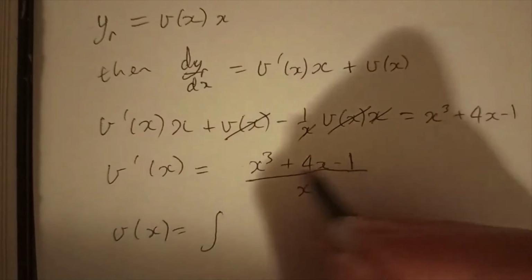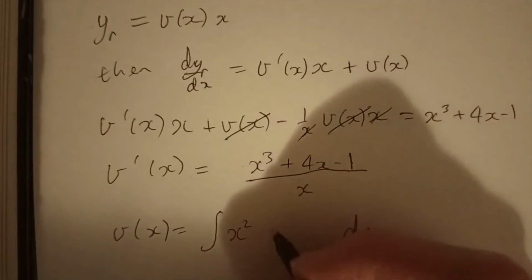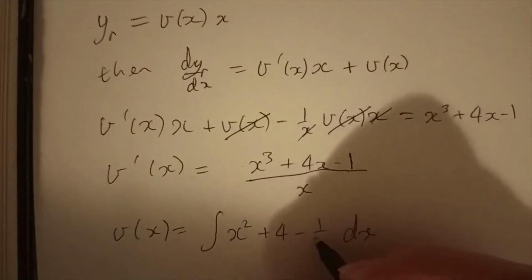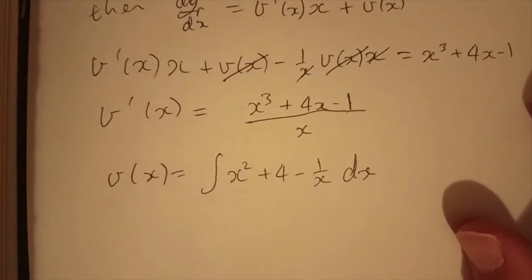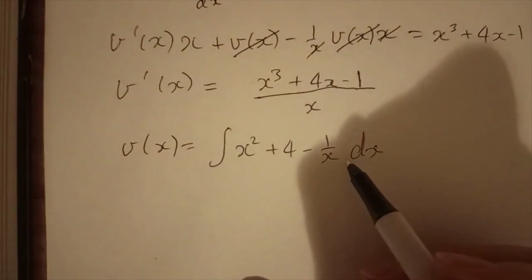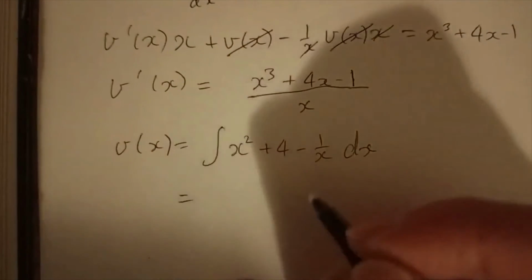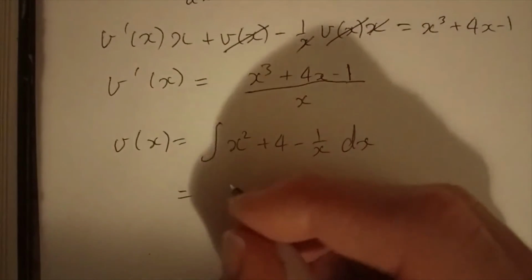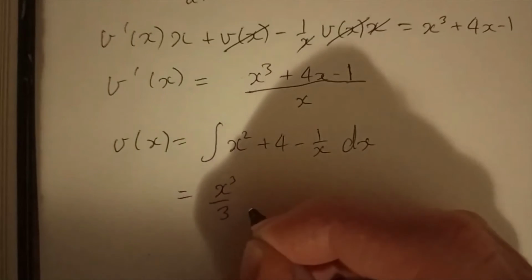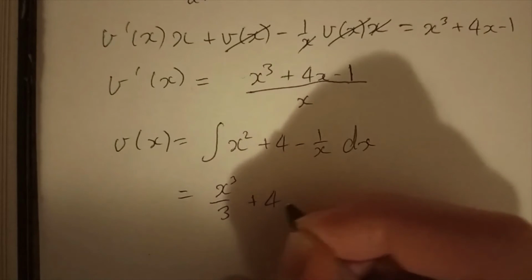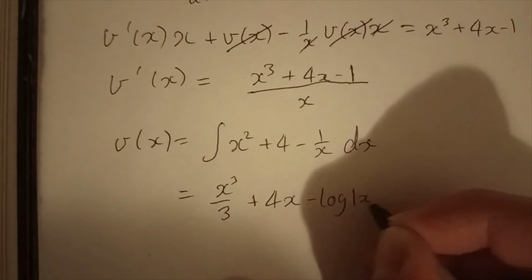Now we'll just separate these out into separate fractions, so we get x squared plus 4 minus 1 over x. The integral of the sum is the sum of the integrals, so we just take an antiderivative of each term. So we get x cubed over 3 plus 4x minus the natural log of x.